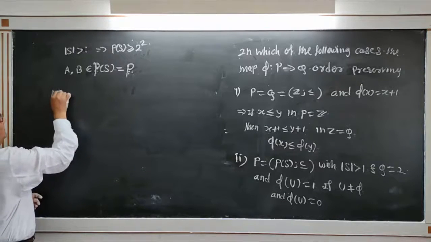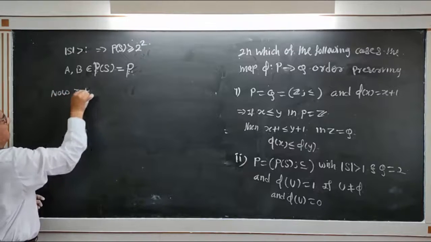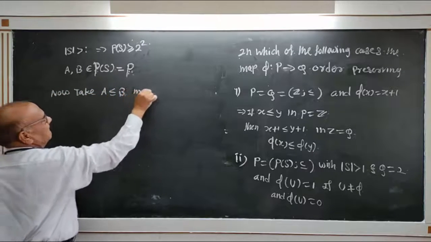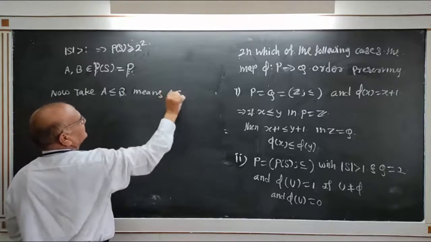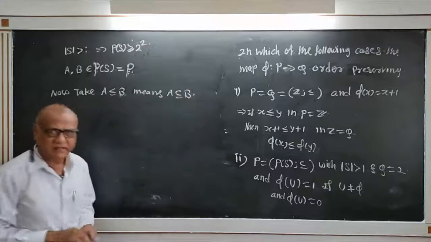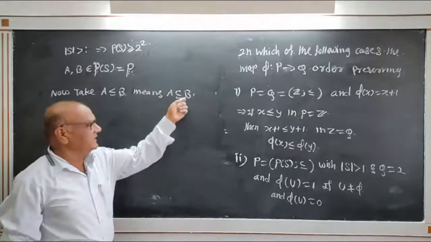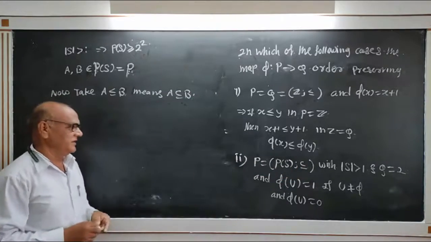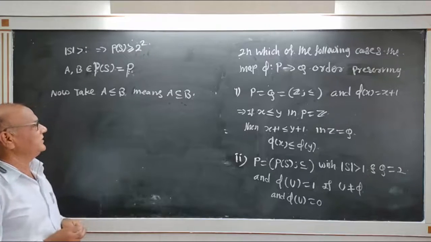Now take A related to B, which means A is a subset of B. The relation is inclusion.